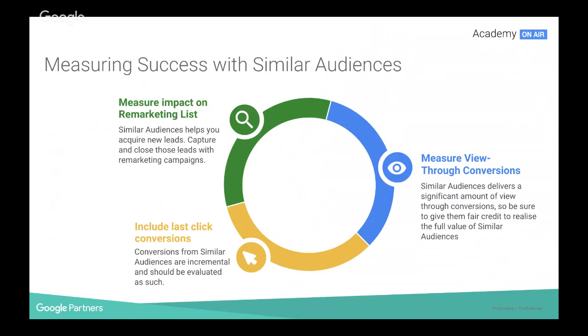Similar audiences deliver a significant amount of view-through conversions. Be sure to give them fair credit. Make sure that in your analytics account, you're looking at the path to purchase and, in the multi-channel funnel report, where your users are coming from, whether they visited your website through the similar audience campaign and then maybe converted back through search or through a remarketing campaign.